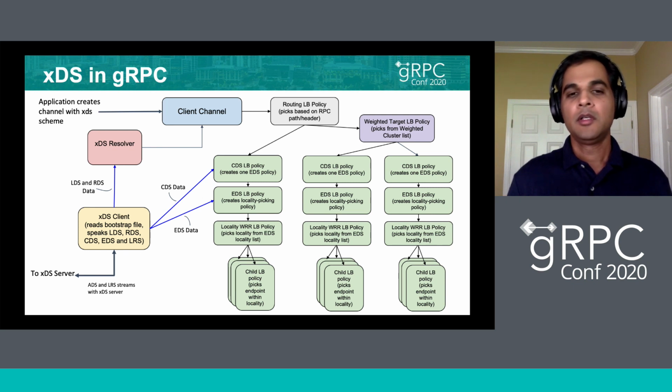Also, the gRPC client reports some metrics to the XDS server via the load reporting service, which is also part of the XDS APIs. So I will not go into more details here, but feel free to look up the design docs if you're interested. The links are provided in the last slide.